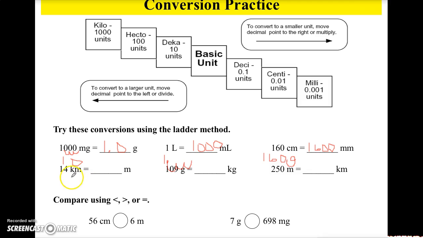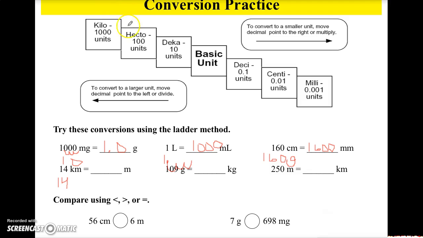Let's do one more. This is fun. 14 kilometers, this is distance, to meters. K, right here, starting point, ending point, one letter, and we know the rule with one letter is that it's always going to be basic unit. So I'm going to write 14 here. And then I'm going to go from K, starting unit, to one letter, ending unit, basic unit.